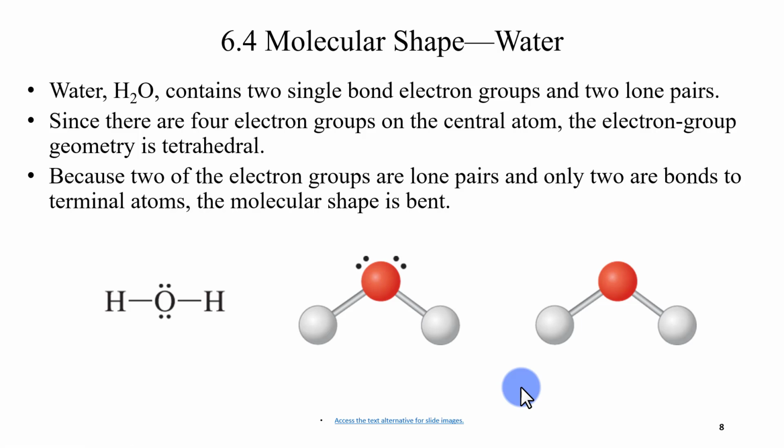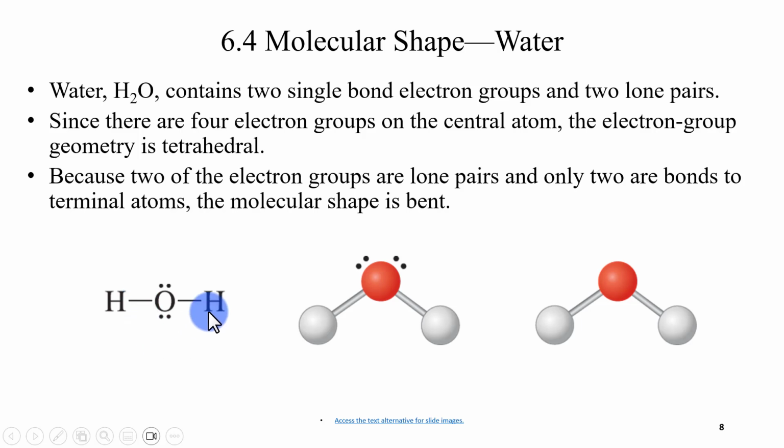What happens if I replace one more of those single bonds with another lone pair? Here's water. If I were to draw the Lewis dot structure of water, I would get this. And let's count the electron dense areas or electron groups around the central atom, which is oxygen.